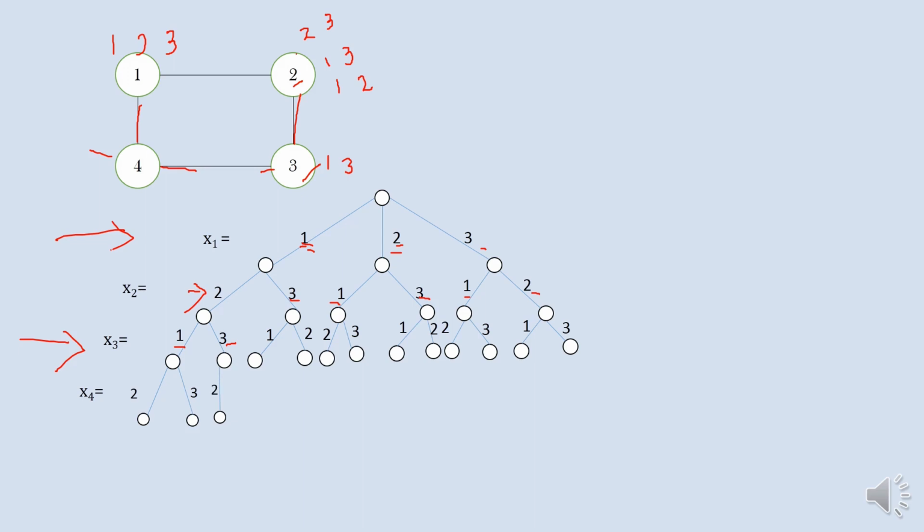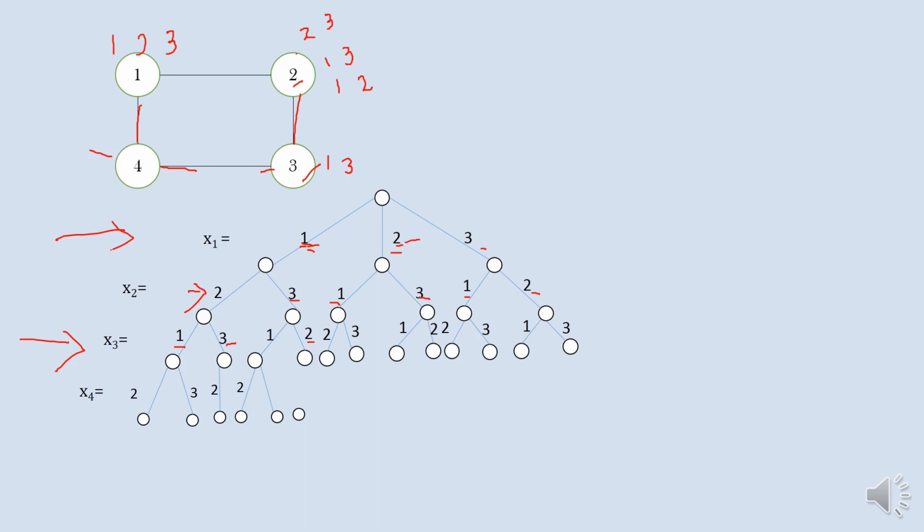When vertex 1 is given the color 1 and vertex 3 is given the color 2, only one color is left out, that is the color 3, to color the vertex 4. So x4 is given the value 3.